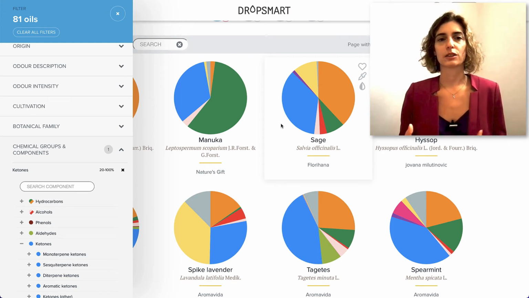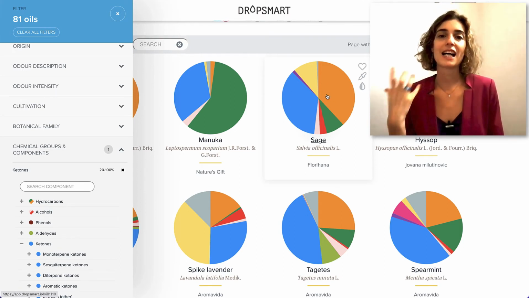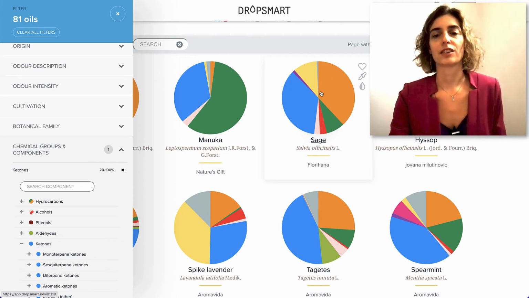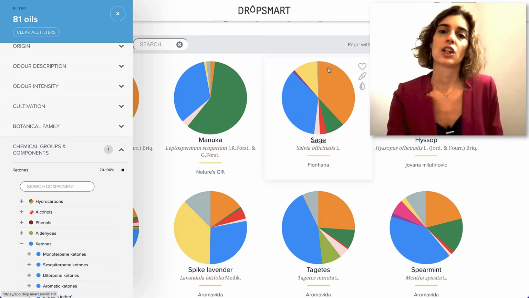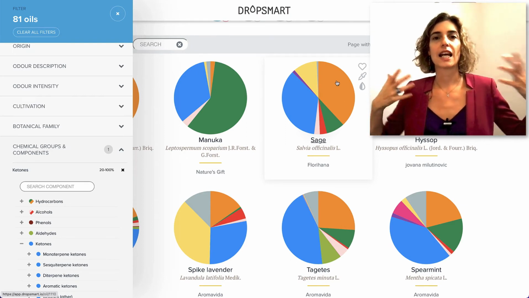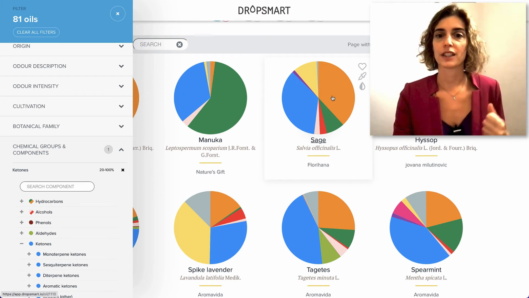Here I would like to remind you that essential oils are a cocktail of chemical constituents. But now that you're starting to understand this, just by looking at the sage, for example, you can see that around 40% of this oil has light molecules. It has monoterpenes, so it does include a top note.